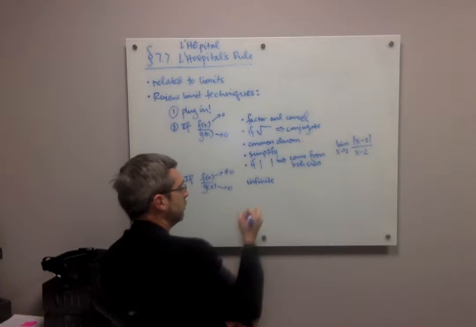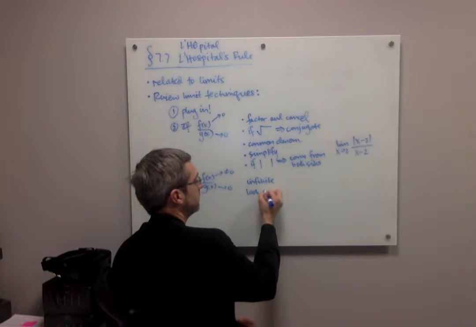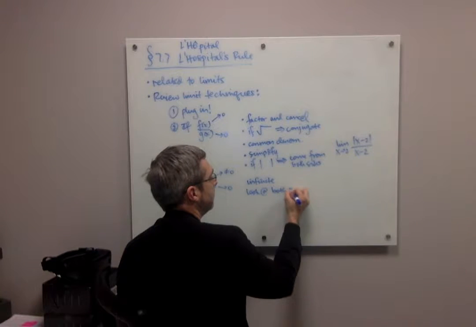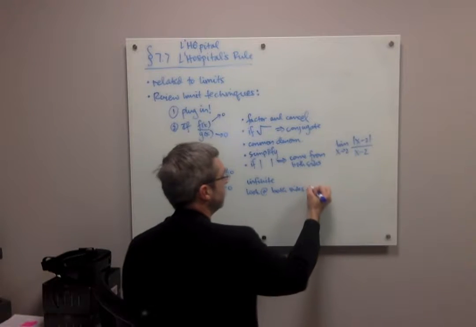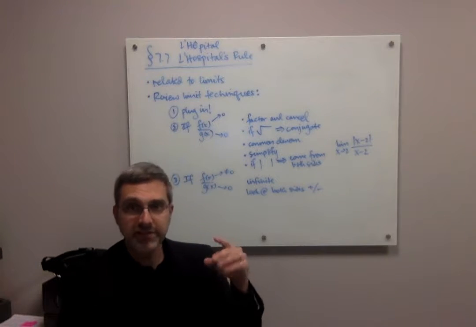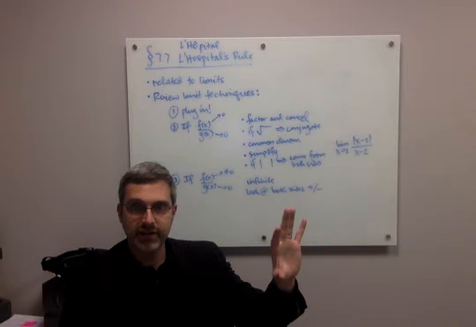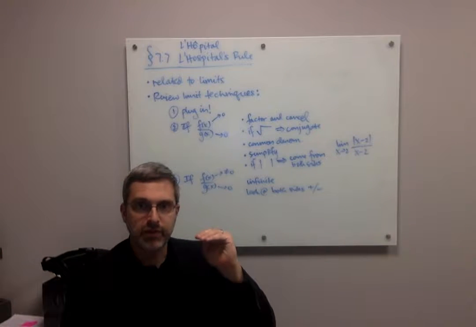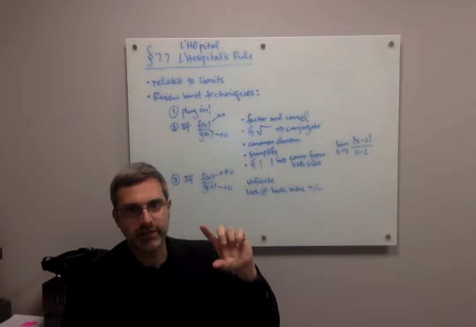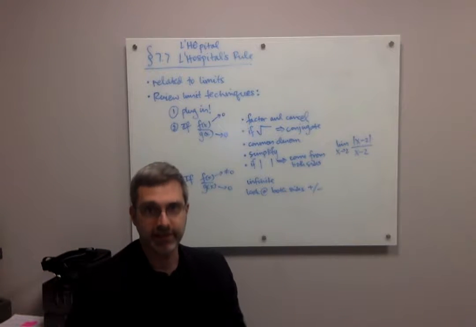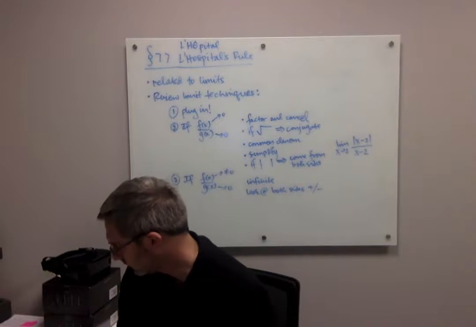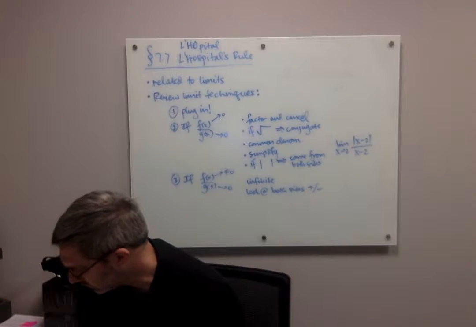And then we have to look at, just like up here, we have to look at both sides and figure out, is it positive or is it negative? If the top and bottom are both positive, then it's blowing up to positive infinity. If the top and bottom are both negative, then, if the top is positive and the bottom's negative, for example, then we're looking at negative infinity. Okay, is that familiar? Does that sound reasonable?